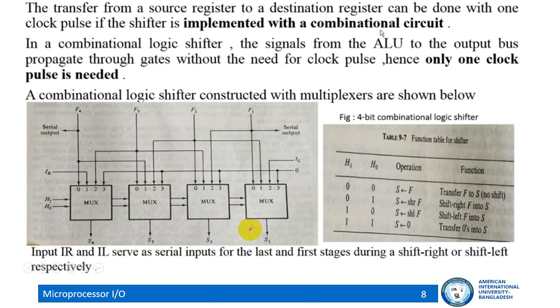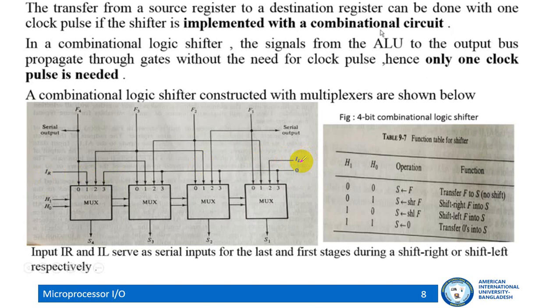If the selection bits are 1, 0, then shift left F into S. When you do shift right, this bit you can insert over here, IR, a bit you can insert to shift to the right. Let's say a 0 bit or 1 bit, whatever you want; you can use an external bit to shift. If you use shift left, then you can insert a bit on the IL.